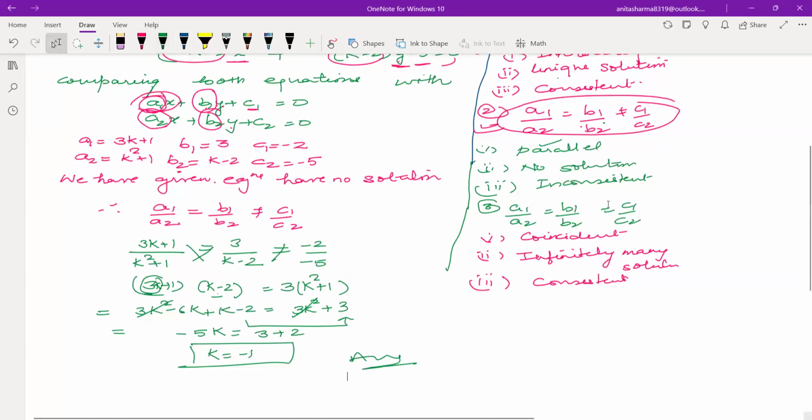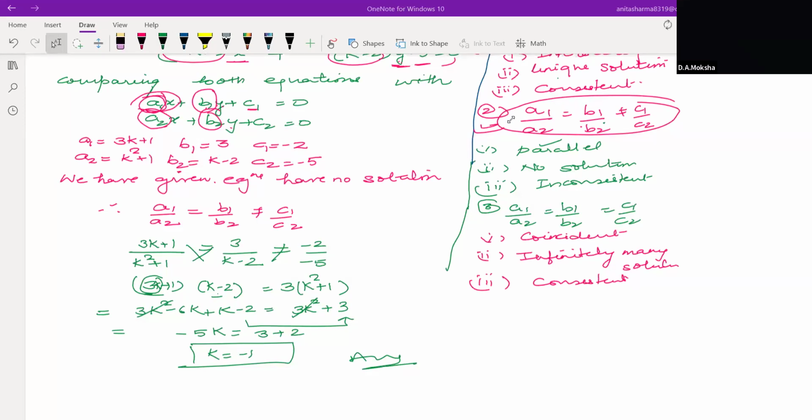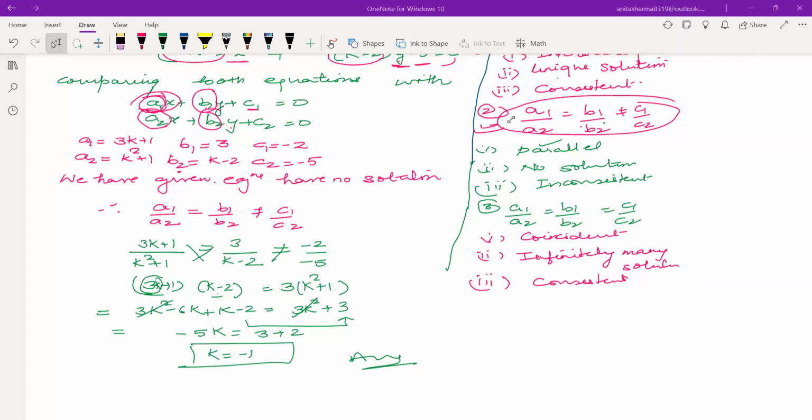Understood, children? Yes, ma'am. Only Kashvi and Pranya have understood. What about the others? Somok, understood. Sudhanshu, ma'am, understood. Siddhishri, understood. Rizwana, have you understood? Yes, ma'am.